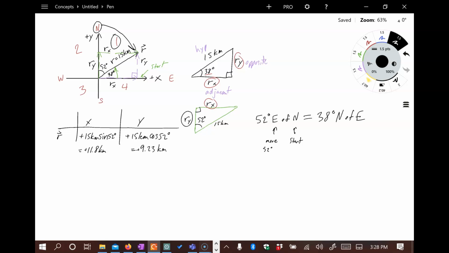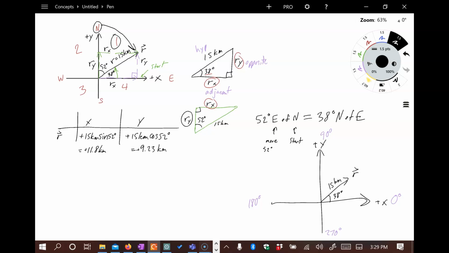So if I draw my x and y coordinate system here, so plus x plus y, another way to do this is to use the unit circle where this is 0 degrees, 90 degrees, 180 degrees, and 270 degrees, right? So we see how the north, south, east, west can also be labeled in degrees. And if we go ahead and draw our vector again here, here is vector r, right, with its 15 kilometers, and its angle here, 38 degrees.